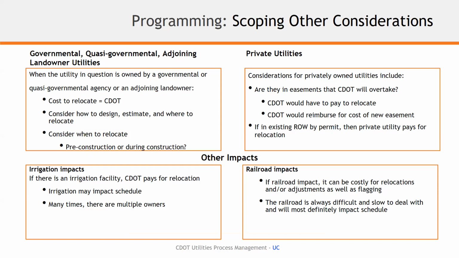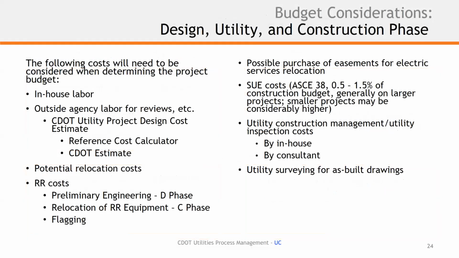Yeah, I agree. And they're definitely required to identify and ask these questions, because at this point, we're moving past that. Now we need to try and put a high-level dollar amount to those considerations. And so this is where we move now into the budget considerations for those items, and considering the need for project-level budgets for in-house labor, outside agency labor for reviews, including utility project design cost estimates.